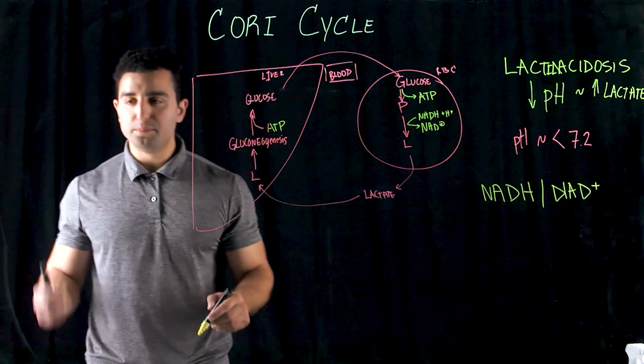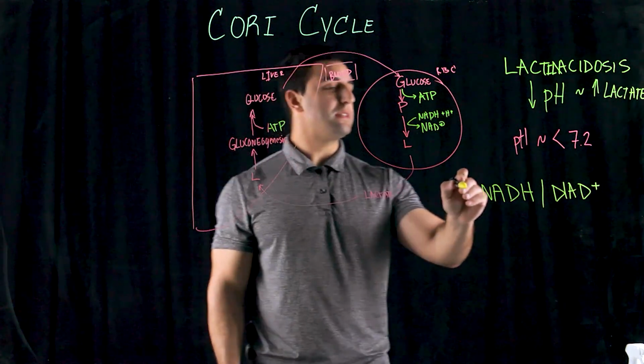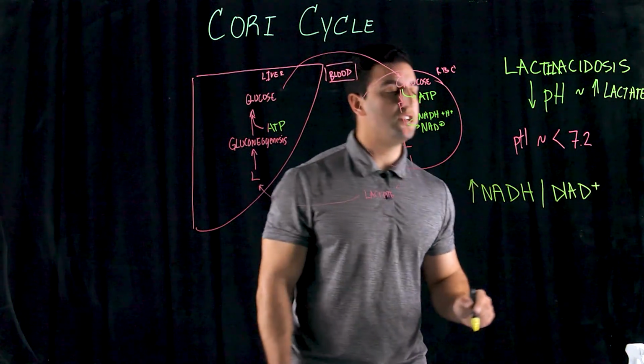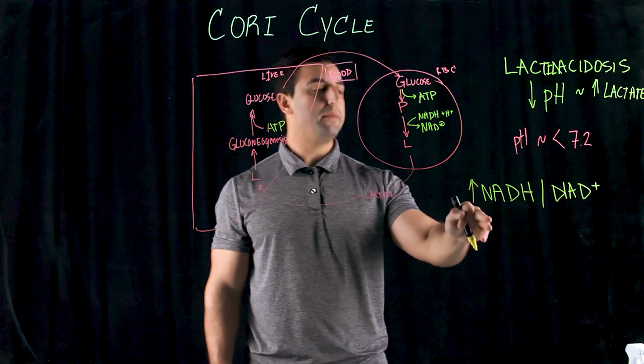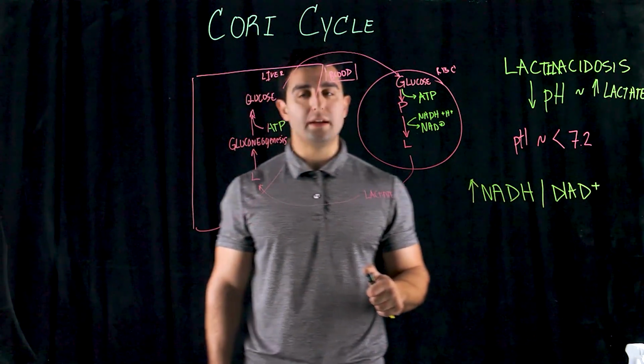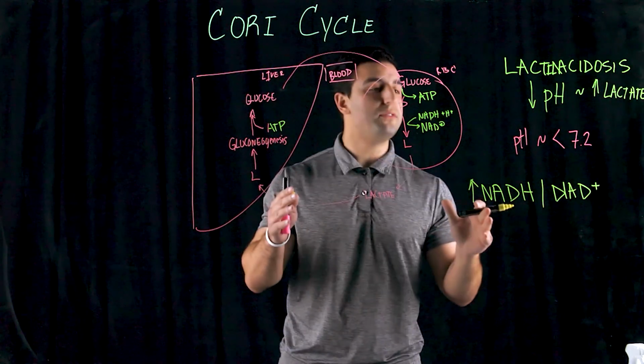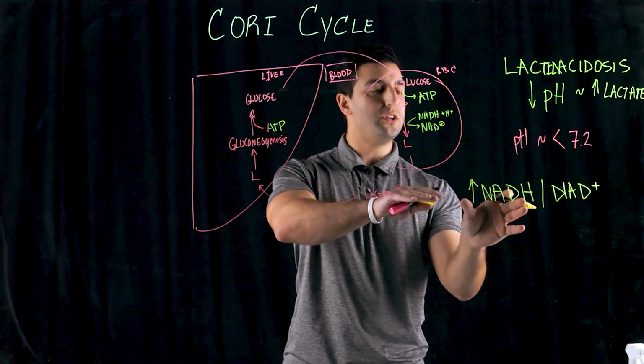So this ratio causes an increase, and you have a high abundance of NADH being created, right? And this phenomenon can prevent normal metabolism because of this high ratio.